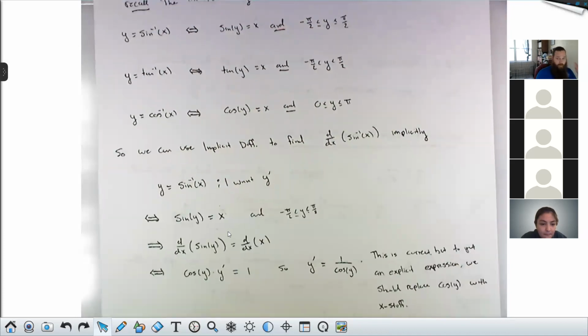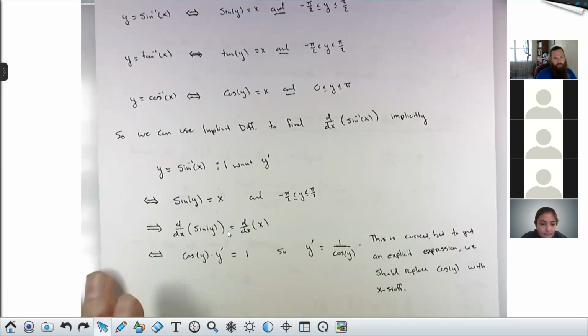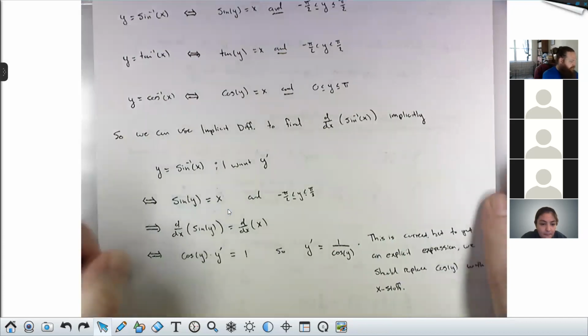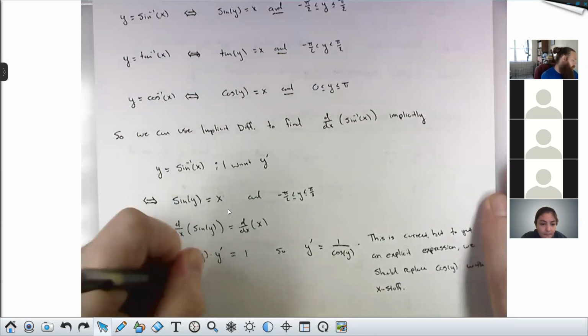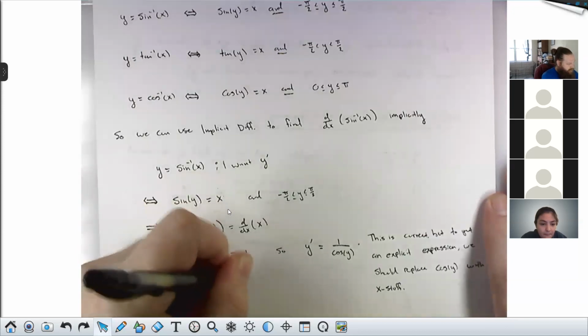How can I find the x stuff that is equivalent to the cosine of y? There are a lot of ways to do it. I think most people would say draw a triangle, using the fact that sine of y is equal to x.